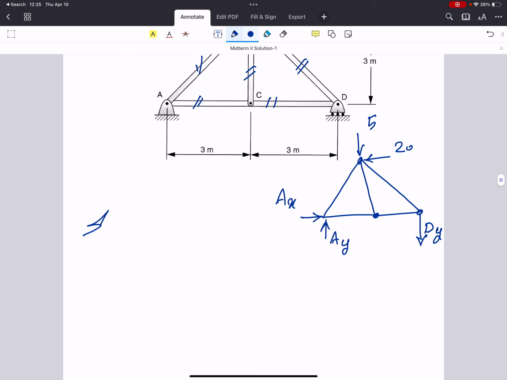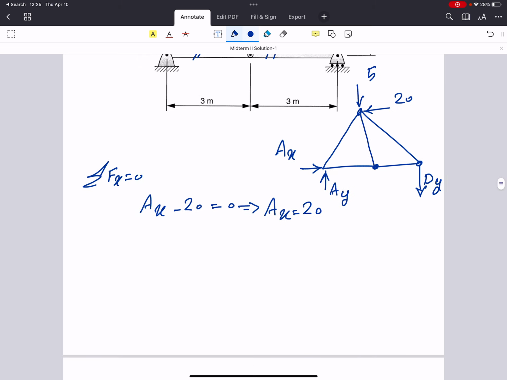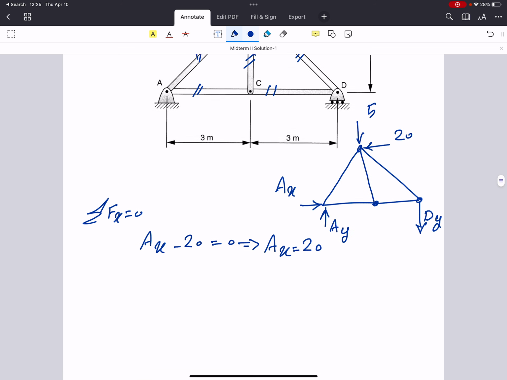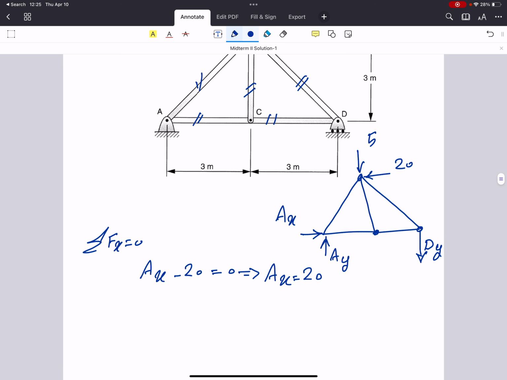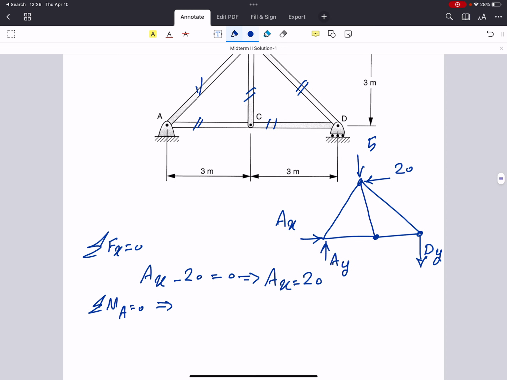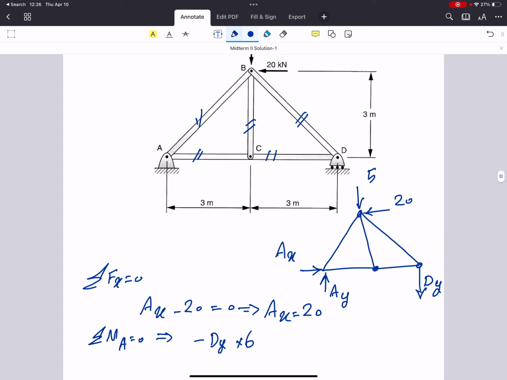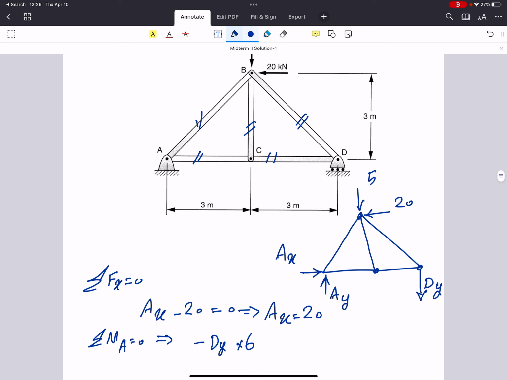So I can use Fx equals 0, AX minus 20. That's the only x force I have. So my AX is 20. Then I can use summation of moment about point A. I will have minus DY going down times 6, that is the distance, 3 plus 3.